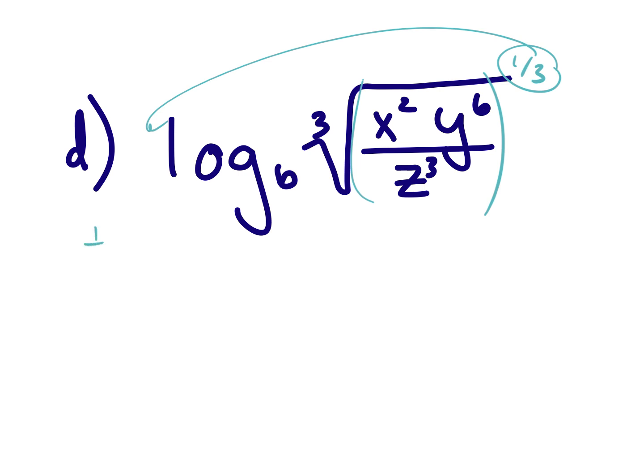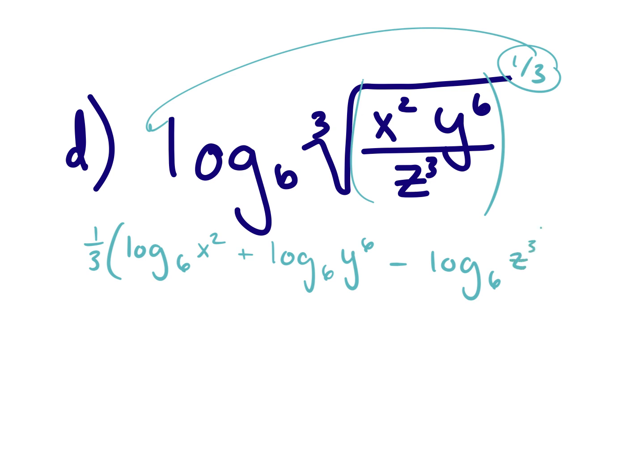So if you want to, we can put it outside of parentheses now, or just keep in mind when you split up each log, they're all going to get that 1/3 as the exponent. So 1/3 log base 6 of x squared plus log base 6 of y to the 6th power plus, or this is minus because we're dividing now, log base 6 of z cubed.